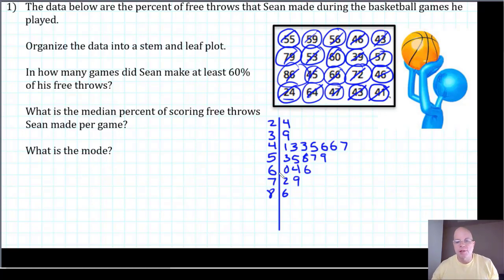I'm going to prompt you to pause in a minute, but I just want to mention one extra thing really quickly. Don't write this on yours, just follow along. If we had one more piece of data and it was 100%, here's what our stem and leaf plot would look like. We would put a stem for 9, even though there's nothing in the 90s, and then our next stem would be 10, because 10 tens is 100, with a 0 in the ones place.